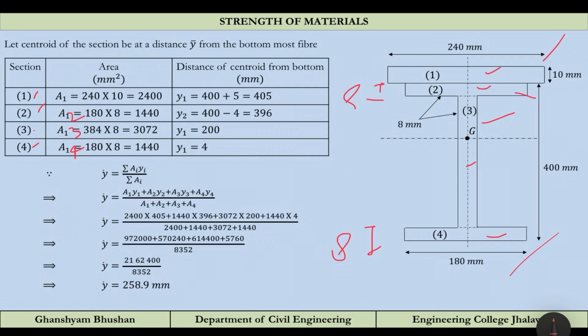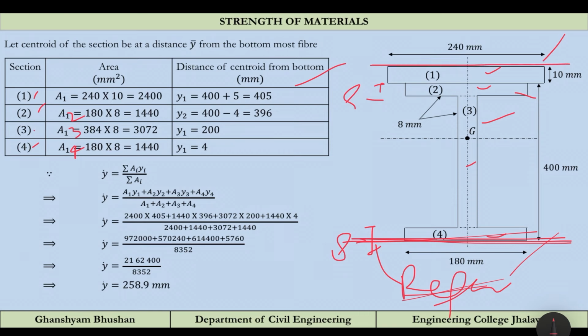Now we are taking our reference as the bottom of this beam. This line is our reference line. You can take either this or the top; we are taking the bottom. From the bottom we have to take the centroid of all the particular sections.